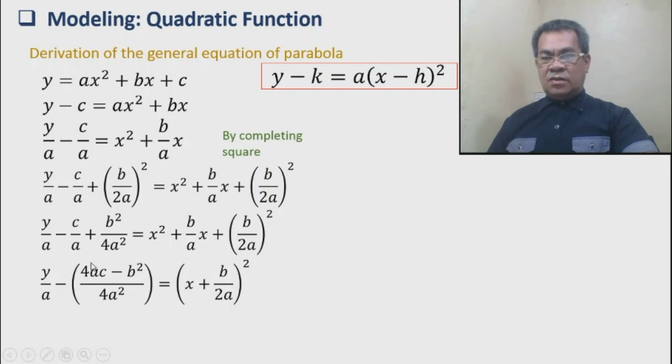This one, we combine these two constants because y is isolated. So combine this by fraction. So we come up with 4a squared minus b squared over 4a squared. So review your fractions here. So negative is maintained. This is negative because we have the sign preceding and we have the grouping symbol.